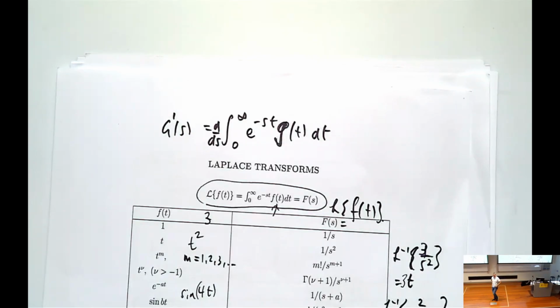So what do I do? Leibniz is the correct way of doing it. How can I differentiate this integral? What do I do from a procedural or from a method perspective? You move the derivative inside of the integral. Exactly, that's a good start, right?